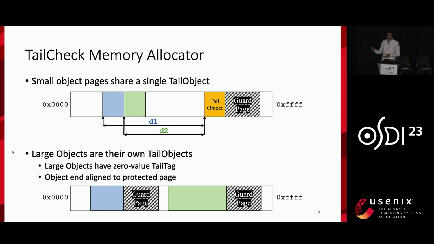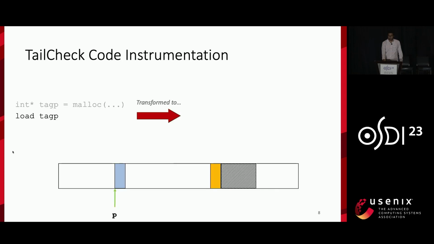Any out-of-bounds access on the large objects will result in hitting the guard page, and thereby providing implicit protection without requiring any sort of calculation here. But from a program point of view, we don't know if the tail tag is 0 or non-zero. So we have to instrument the same way for both large objects and small objects. So this is a uniform solution for two different kinds of protection.